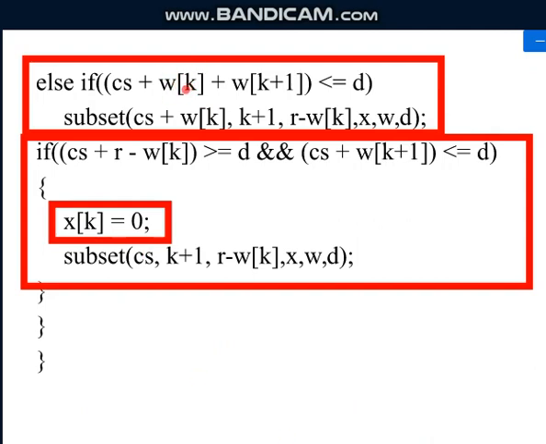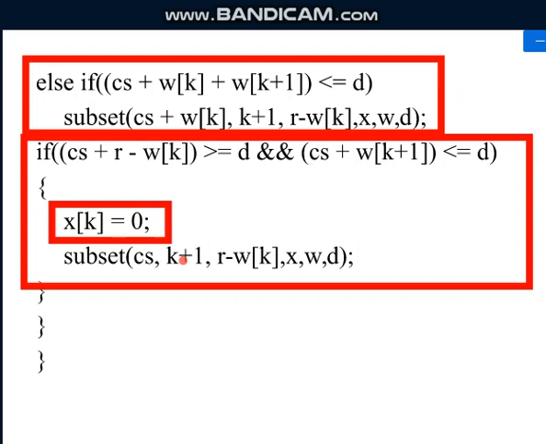What will be the next value? The next value is 12. So 12 plus 13, again 15 plus 12 plus 13, is it less than d? No, it is not less than 30, it is greater than 30, isn't it? So then what we do, we exclude 12 and we proceed with the next, that is 13.